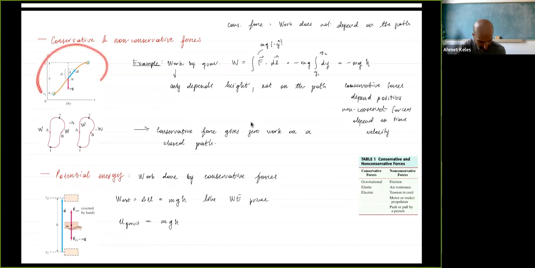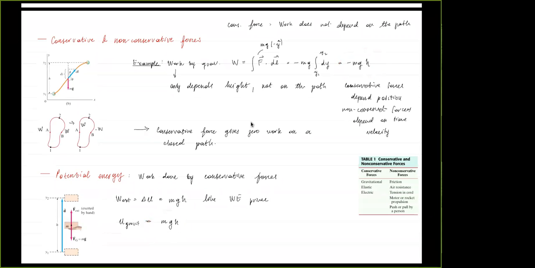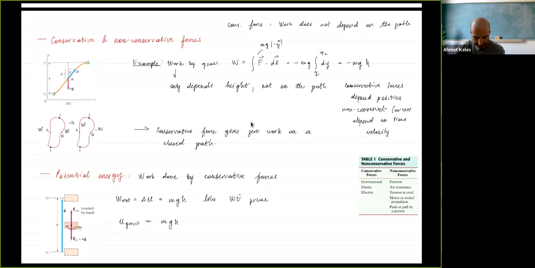We are only looking at the gravity here. It is negative because force and displacement are in opposite directions. This is not potential energy. We define potential energy here, which is positive. Okay, I see. Thank you. Yeah, I think it's not very nice, but it is what it is.